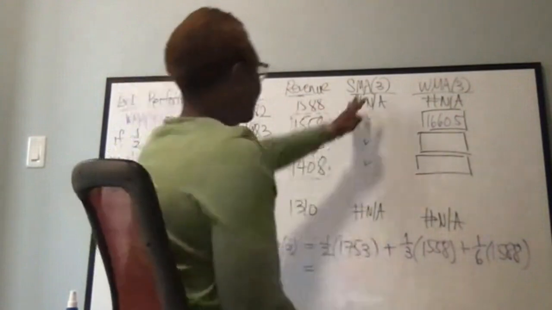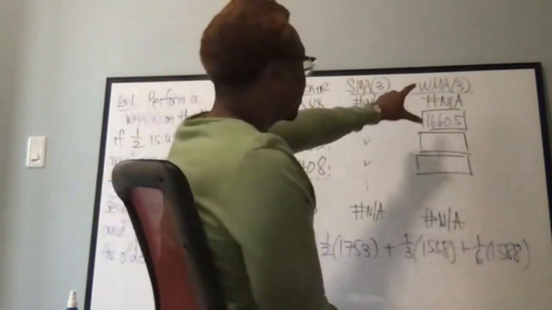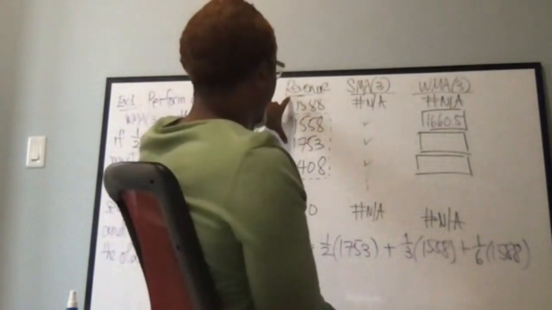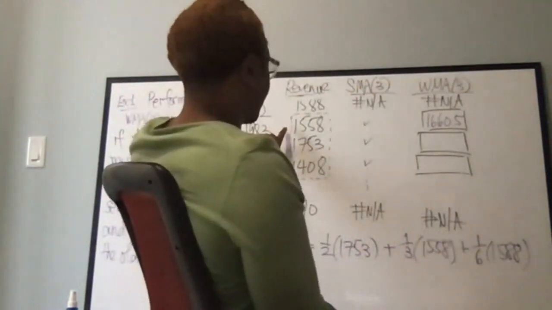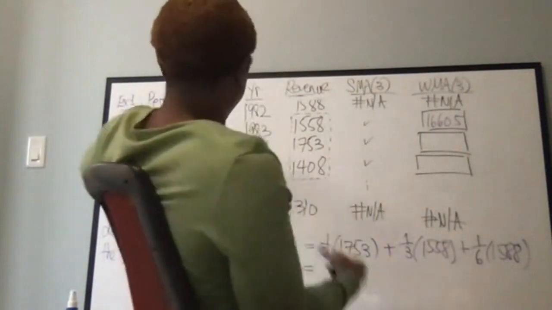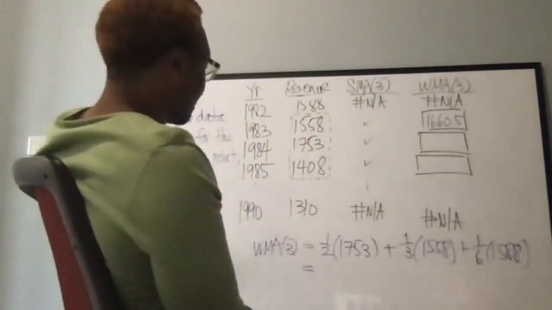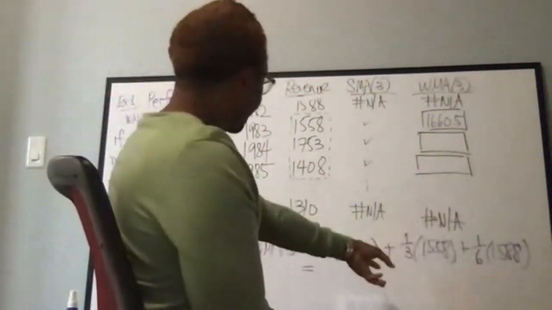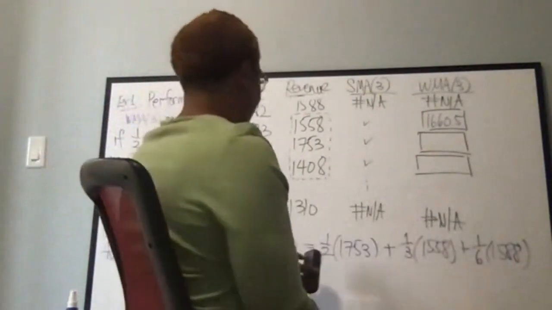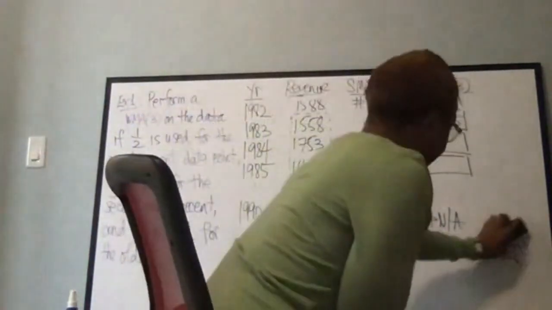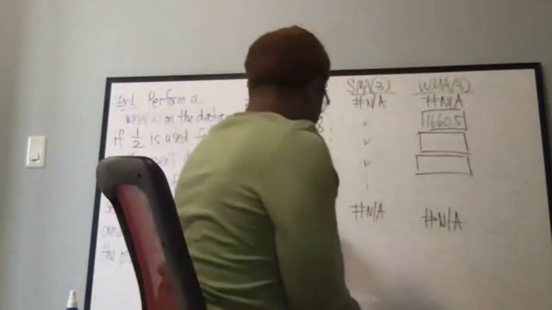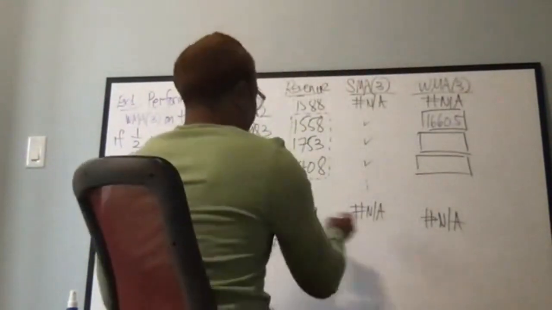See, it's the same thing we did with SMA. The window is still size 3. You shift it down 1. But we have these same fractions we're going to use on calculating this right here. So let me write this down. Same fractions, but now we shifted the window.